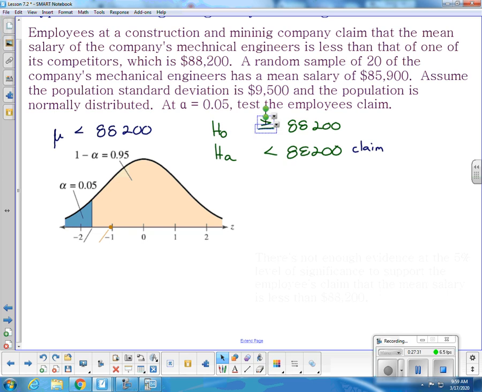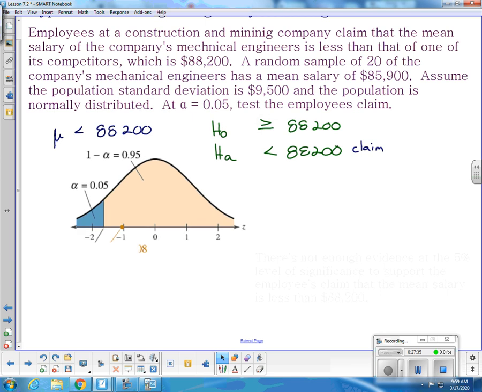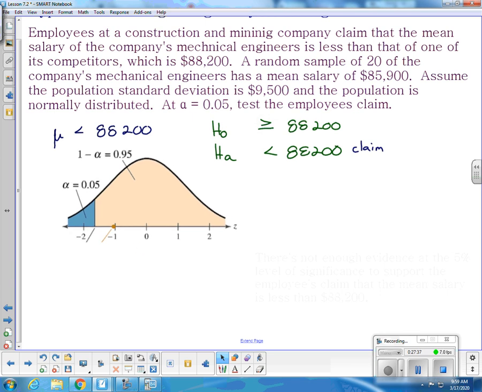Okay, so we're talking about just the left here. At 5%, we're going to go to our Z-score chart, and we're going to see that at 5%, look real quick and see what is the probability there, 0.05. This one we've used a couple times, so it's negative 1.645. That's our rejection region.